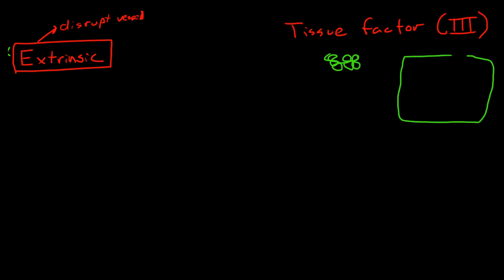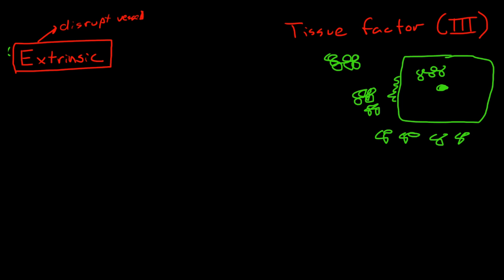This is just a tissue cell, and the tissue factor is found inside the cells. It's found on some cell membranes, and it's also found in extracellular fluid. So there are 3 different places where tissue factor is found.